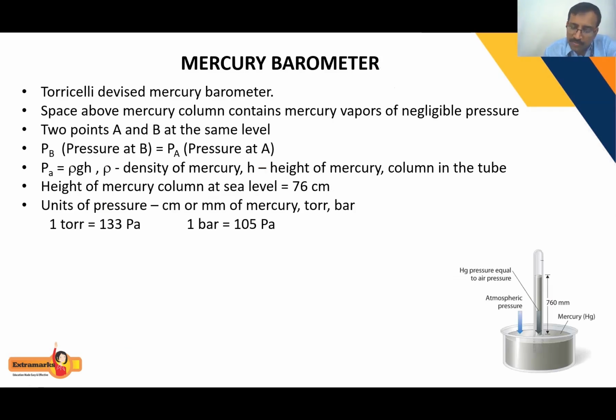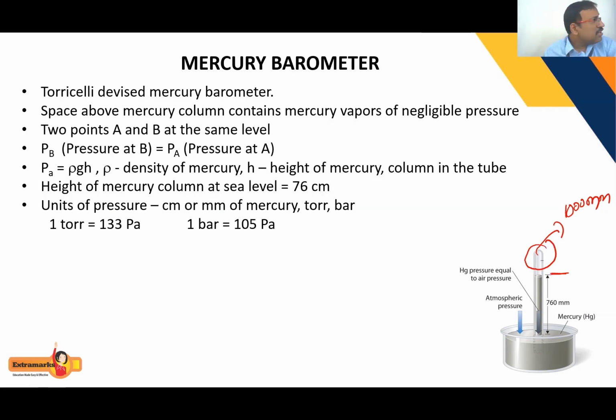Now coming to the mercury barometer, you see this tube is of 1000 mm. Initially I took this test tube fully filled with mercury and inverted it into the container, so obviously some of the mercury will come out, and it will stop. It stops at exactly 760 mm.